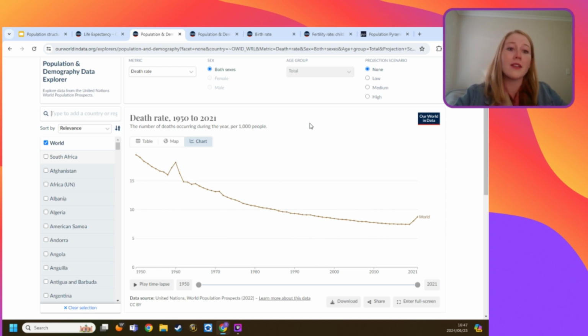Just bear in mind that these aren't absolute numbers. So if a country is getting bigger, if there are more people in the country, they might be experiencing a higher number of deaths, but it's proportionately smaller.